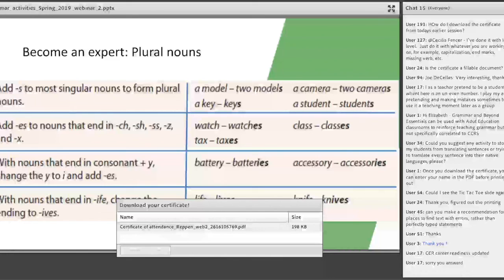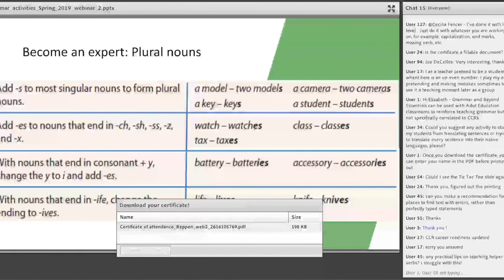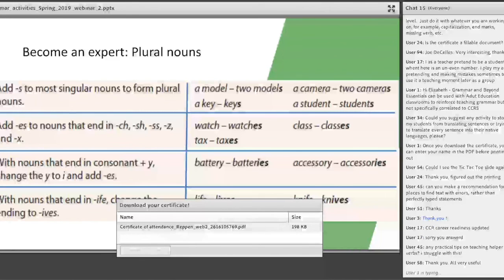So maybe realizing, oh, my students really aren't confident with these structures. Let's practice them some more in a good way. Let's do some role playing. Let's provide some written support for my students so that they feel more confident. They can have some notes, so that helps them, if it's a writing activity or a speaking activity. They can have some practice with that in different ways with different pairs. I hope that helps.